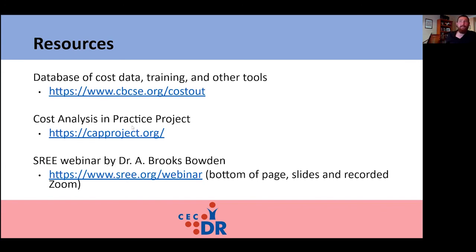This cost analysis and practice project, they're there to help you with these types of questions. And finally, there's something called Cost Out. This is also an IES funded product. So what this website allows you to do is first, it allows you to create a profile, and it actually contains a database of cost information.